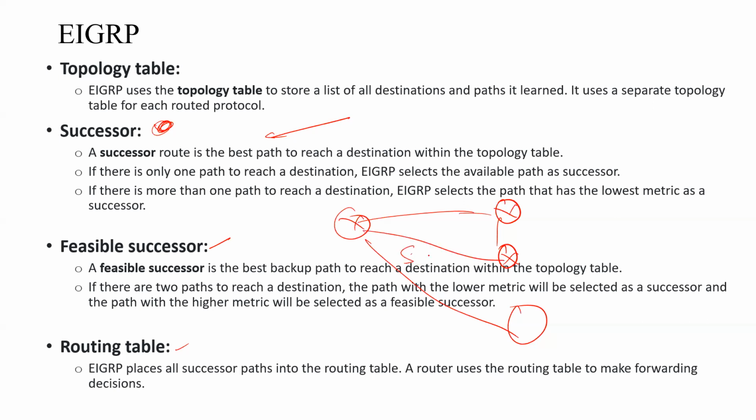This successor is the best path. And feasible successor is nothing but the backup. What is the backup for this one? Nothing is there. If it is down, then this is the feasible successor backup path. Just the words, that is what we need to remember. Only this is not our expertise to know in detail about all these things, but this is some terminology we need to be aware of.